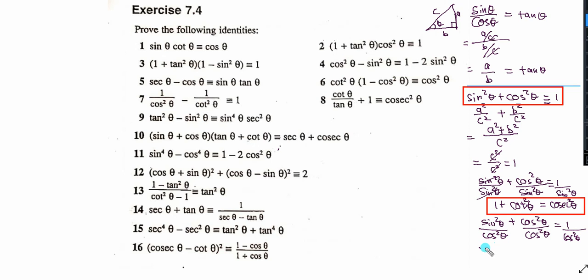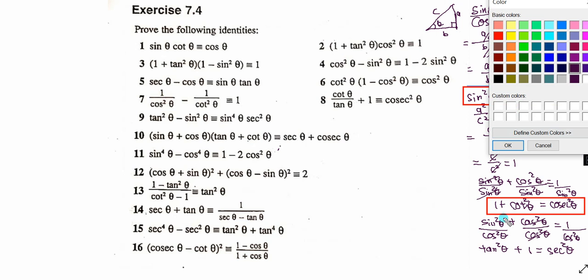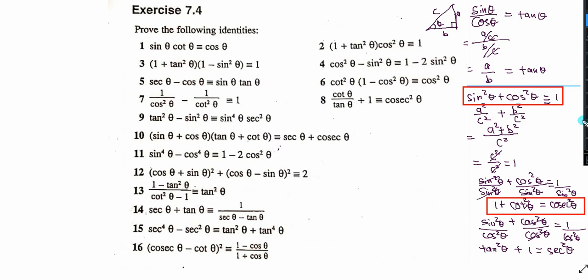This one becomes tangent square theta. This cancels and becomes 1. 1 over cosine square theta is actually secant square theta. Okay, therefore this gives us the third identity.